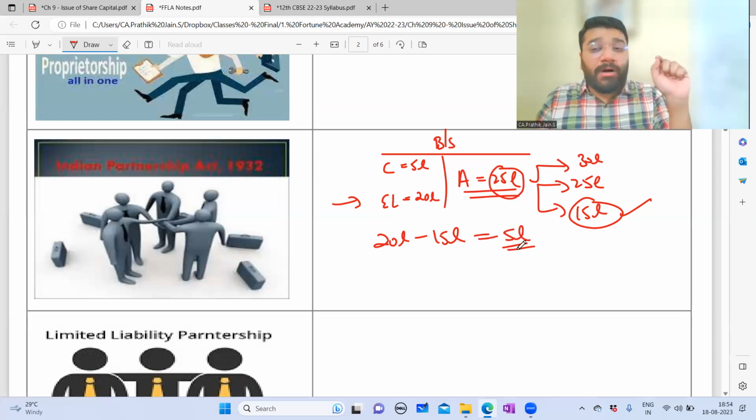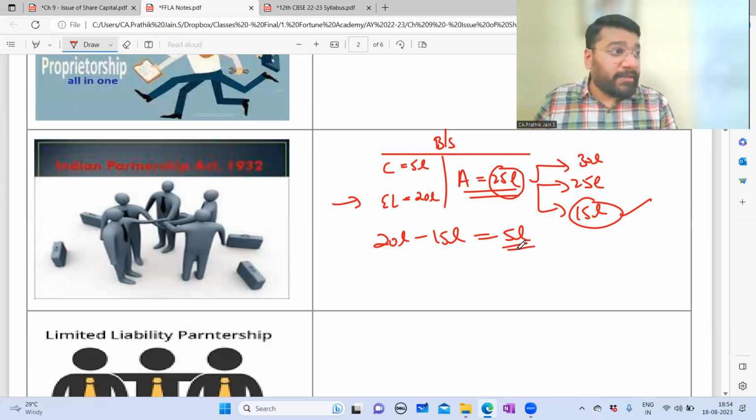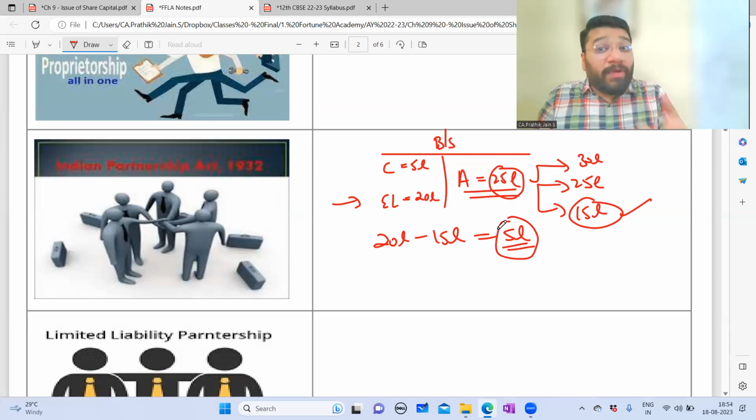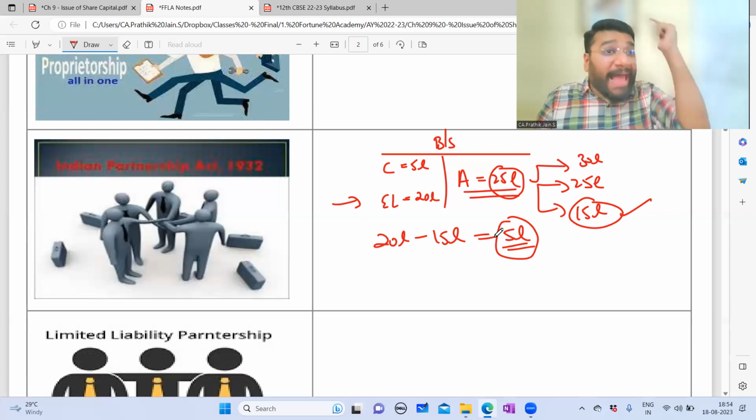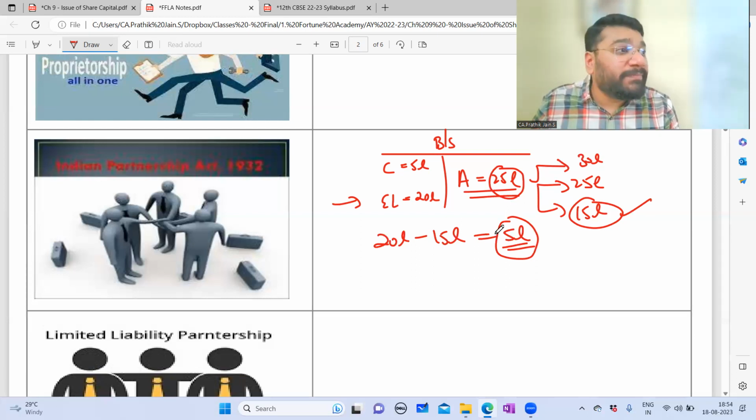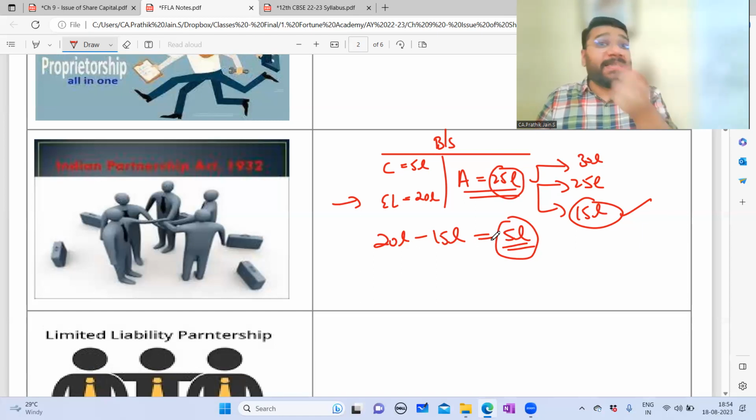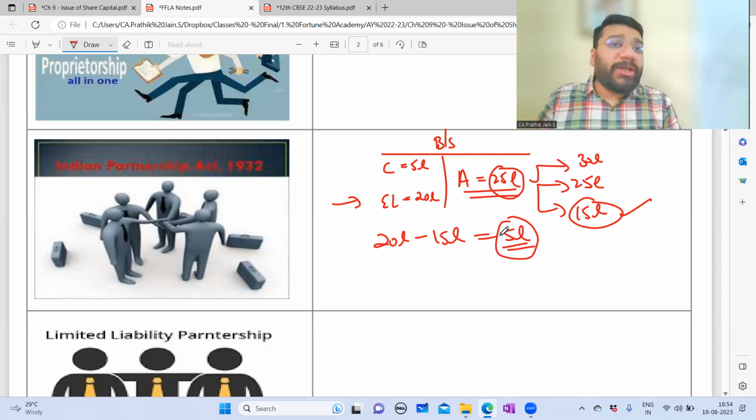Now, since the firm enjoys the status of being called an unlimited liability concern, the banker, for recovering the 5 lakh rupees, will attack the private assets of the owner. So this is one of the inherent limitations, the biggest limitation of the partnership concern. That is why some people do not prefer to form a partnership concern.